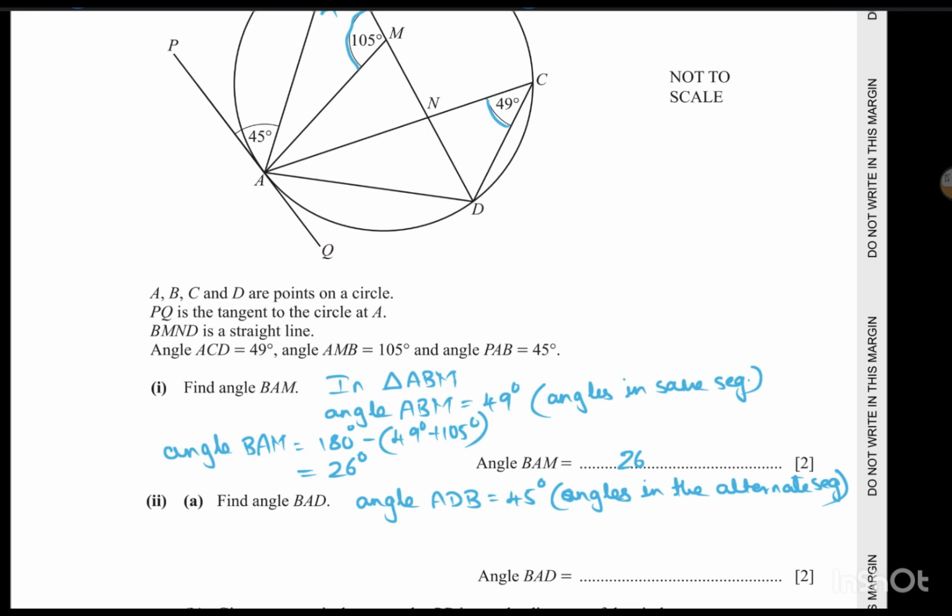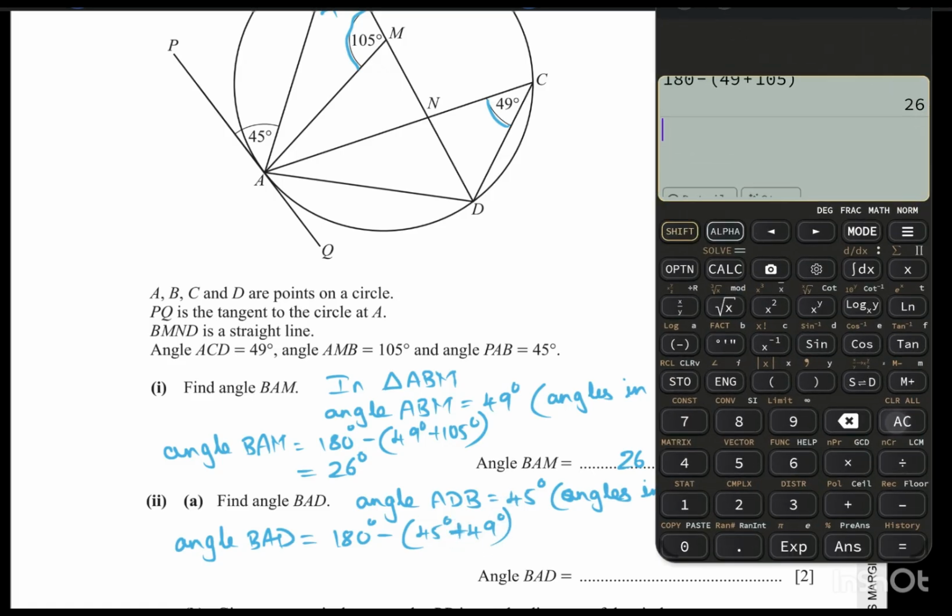Angle ADB, when this is BAD, angle BAD will be 180 minus, so angle BAD is equal to 180 minus (45 plus 49). What will be the answer? 180 minus (45 plus 49) is equal to 86.